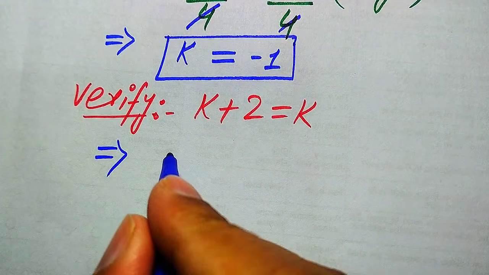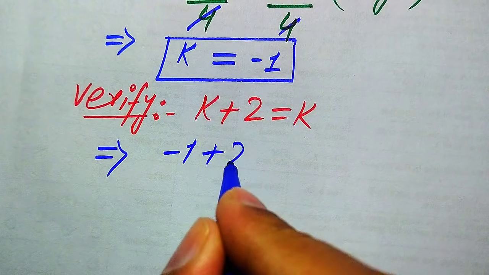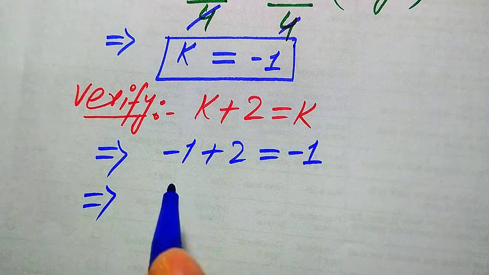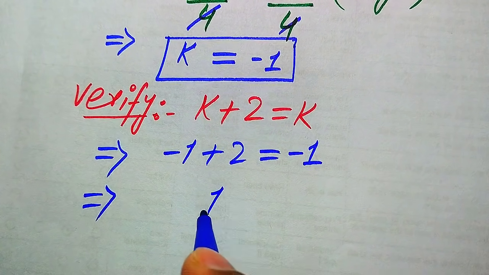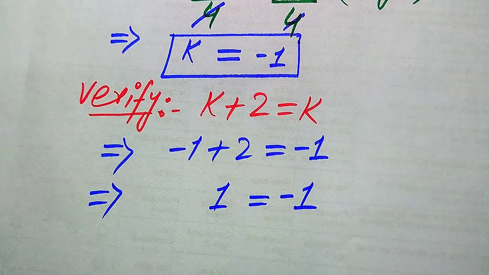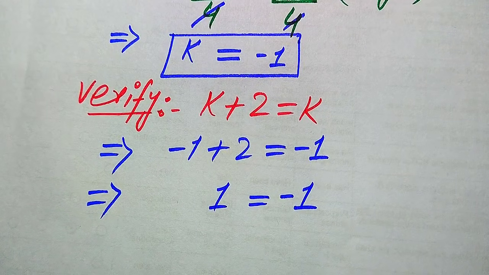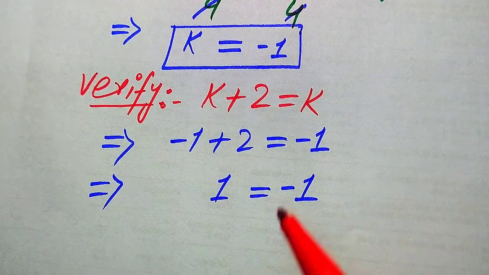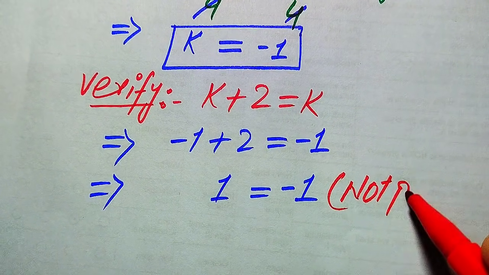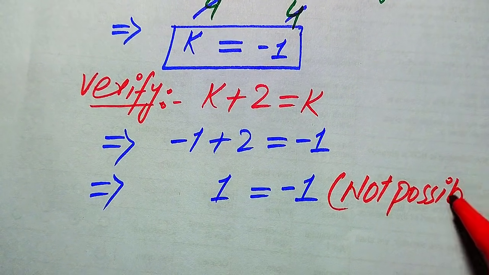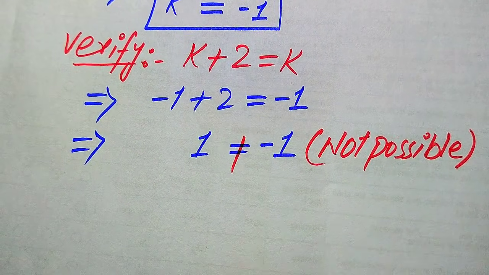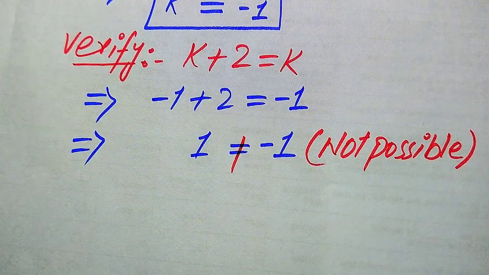It becomes √(−1+2) = −1, and −1 plus 2 becomes 1, so we get 1 = −1. Here you clearly see that positive 1 equals negative 1 is not possible.